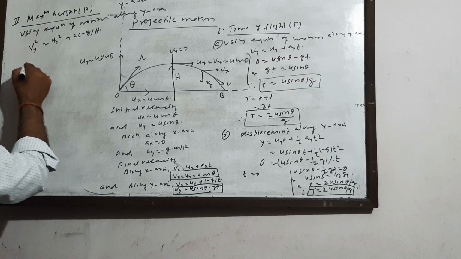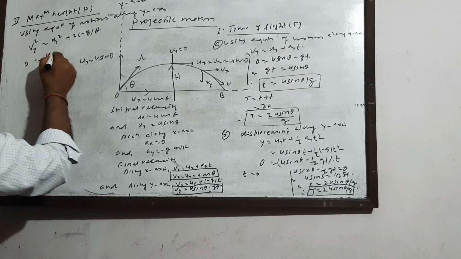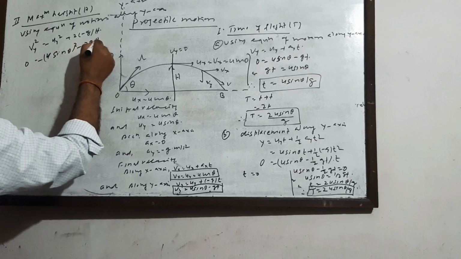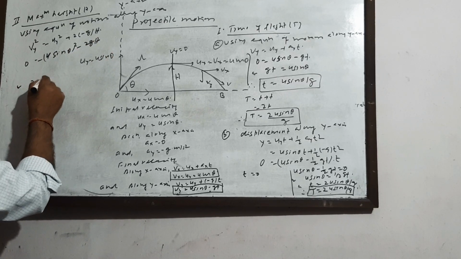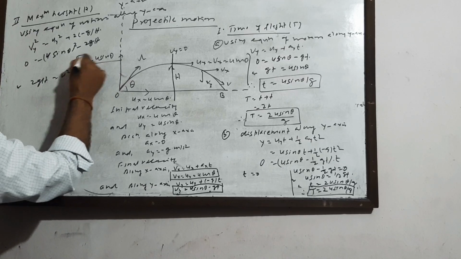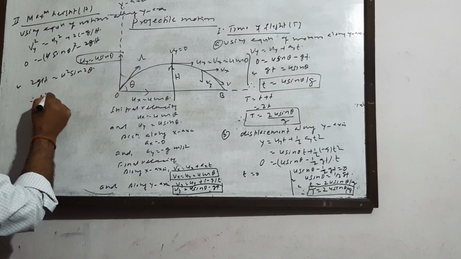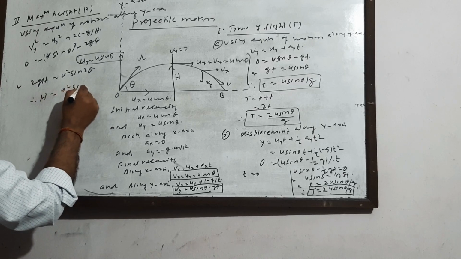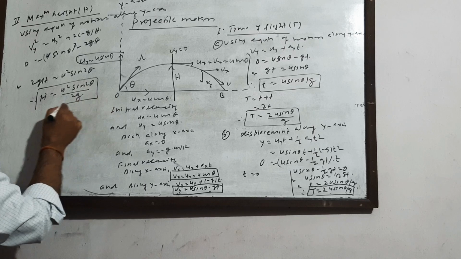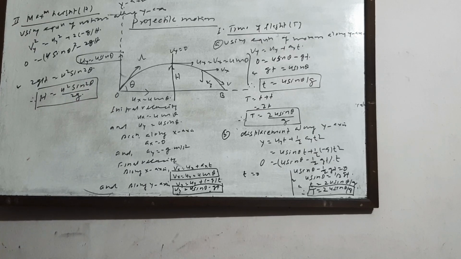So Vy equals 0, Uy is U sin theta, so 0 = U square sin square theta minus 2gH, or 2gH equals U square sin square theta, and therefore H equals U square sin square theta by 2g. A very simple way to find the maximum height.